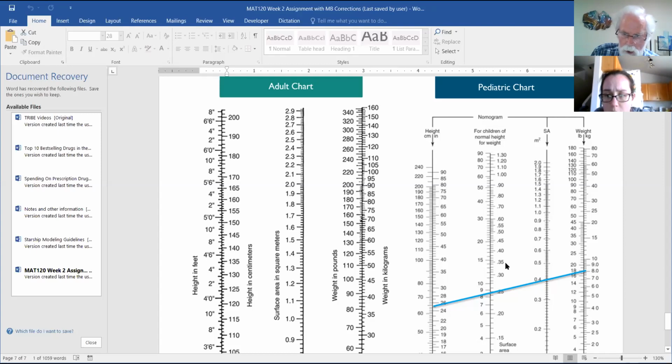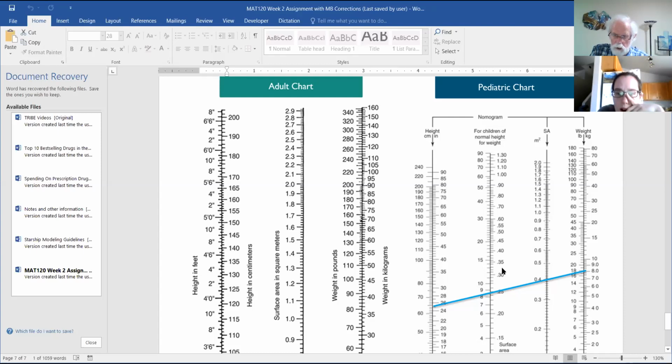Yeah, straight across, and connect that to the height, and then read where it crosses the proper vertical column for surface area. This is the surface area for children of normal height to weight. So if they're normal, you connect the weight and the height, and read off the right-hand surface area column.